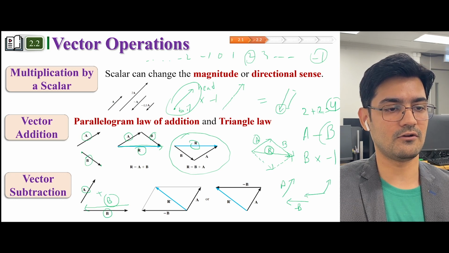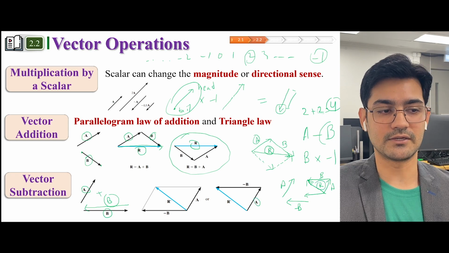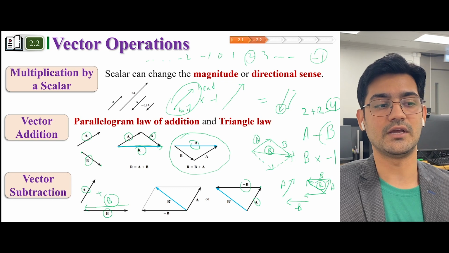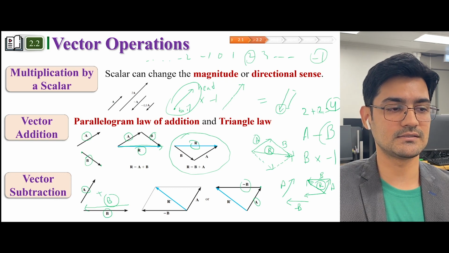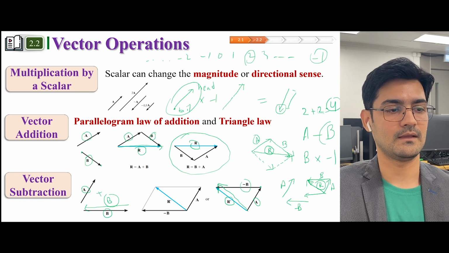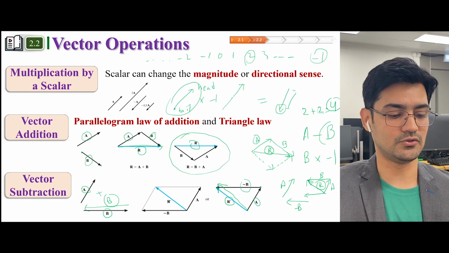You had vector A, you put the tail of vector B onto the head of vector A, and this is the resultant, and that's how you subtract two vectors.